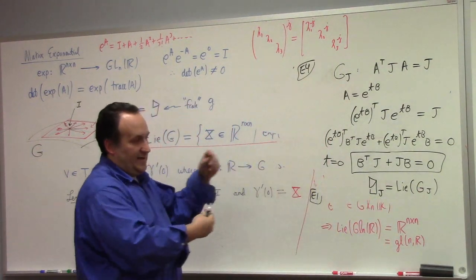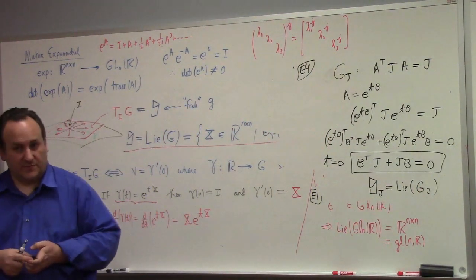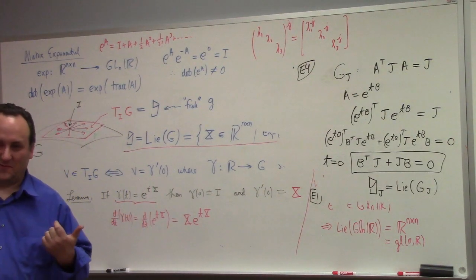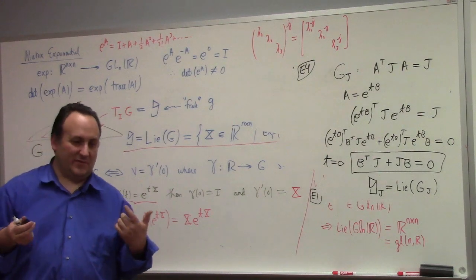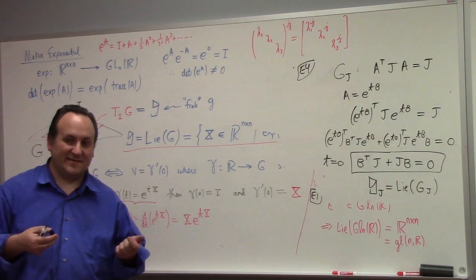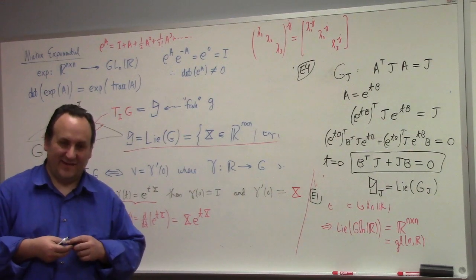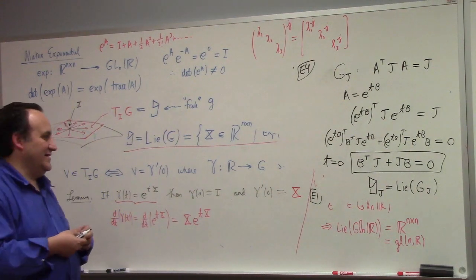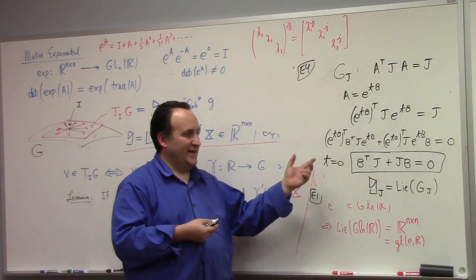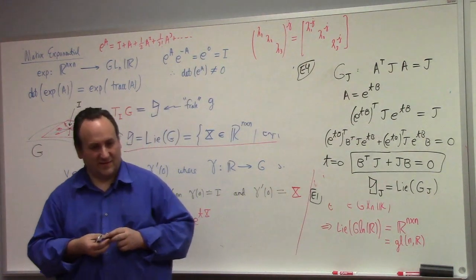And that, of course, is going to cover a multitude of examples. That will cover what the Lie algebra looks like for, for example, the Lorentz group. We put J equal to eta, and so many other things. When J is equal to I, this becomes the antisymmetric condition.